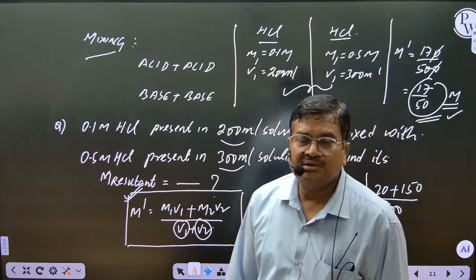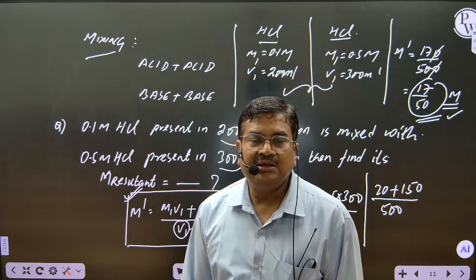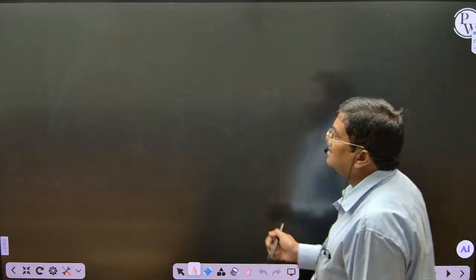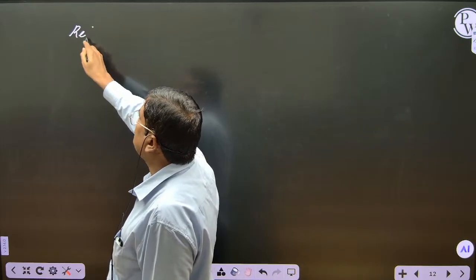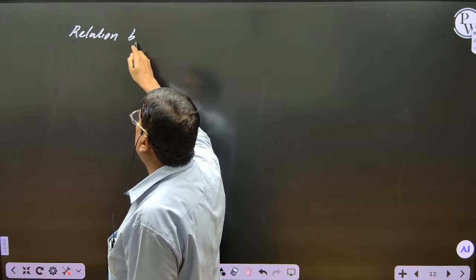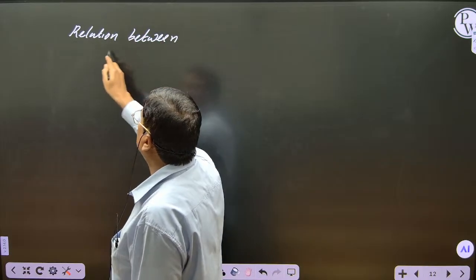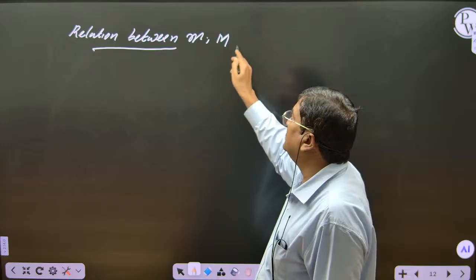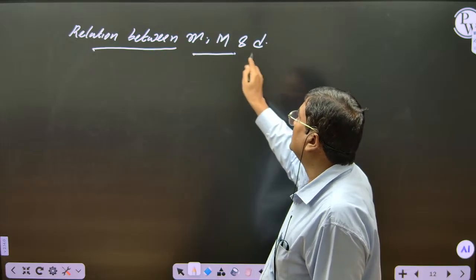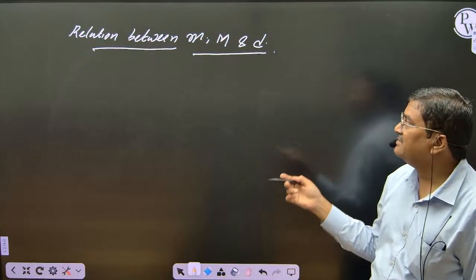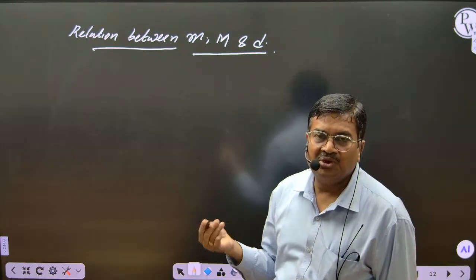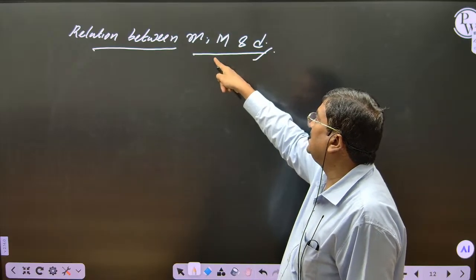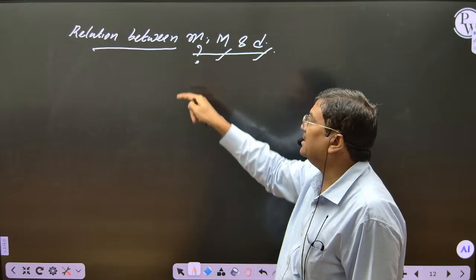Now write the next relation, between molarity and density. There is a relation between molality, which we already did, small m, and molarity, capital M, and density. In JEE Mains as well as NEET, we get questions on molarity and density. In the problem, they give you density and molarity and ask you to find molality.